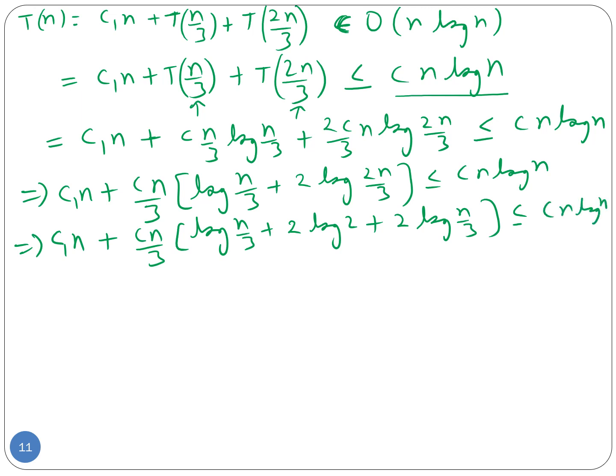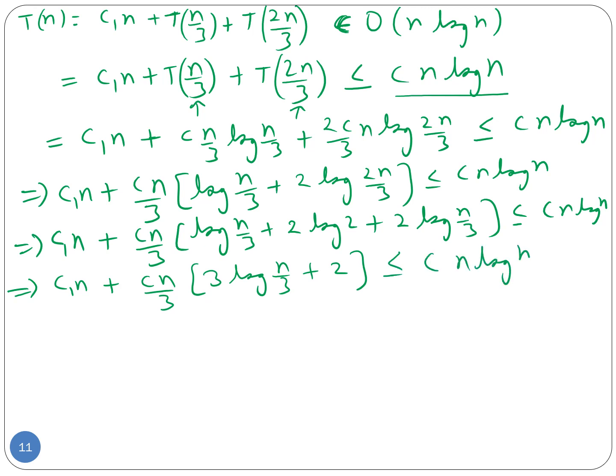Okay, and now from here onwards it should be fairly straightforward to simplify this. So this becomes C1n plus Cn by 3, and the terms inside become 3 times log of n by 3 plus 2. Log 2 is simply 1, so this will simply become 2. This should be less than or equal to C times n log n.